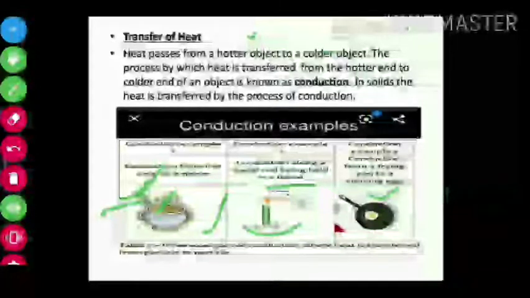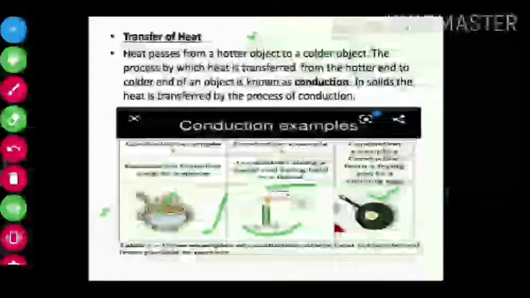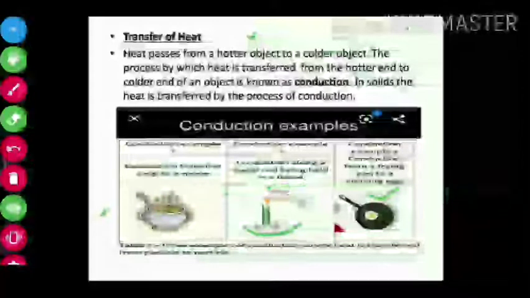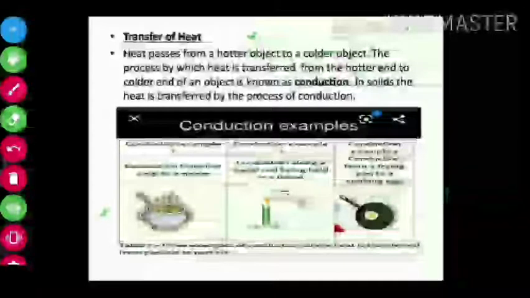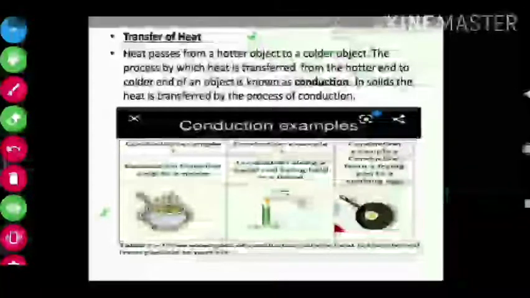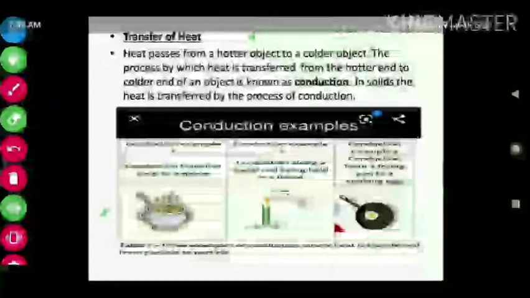So in solid objects, heat is transferred from the hotter part to the colder part. This is about conduction, the process in which heat is transferred from the hotter end to the colder end in an object.